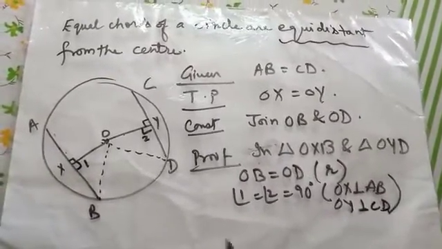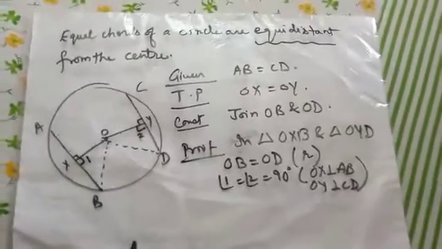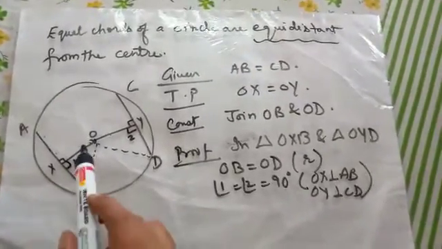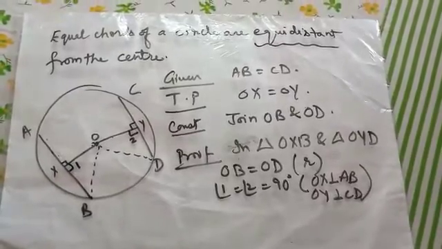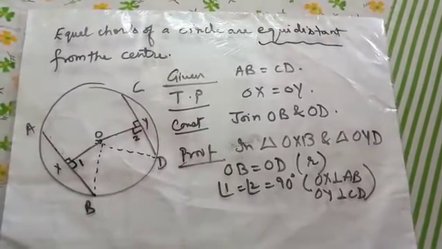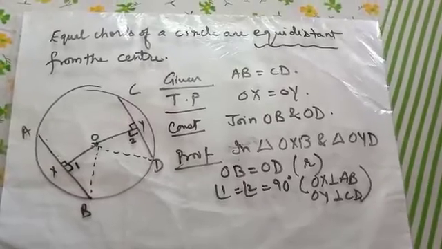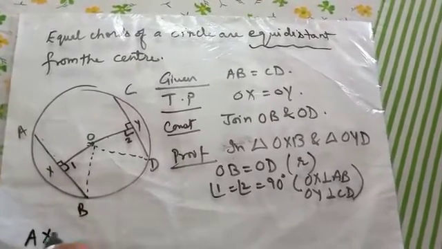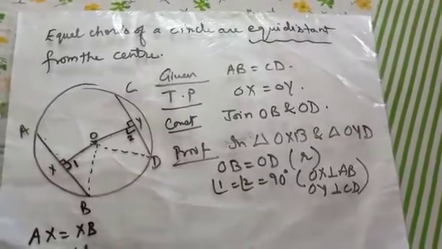Now what next? I need one more property. Okay, let us just go back and find out that if a perpendicular is drawn from the center of the circle to the chord, it bisects the chord. I hope all of you remember. Perpendicular drawn from the center of the circle to the chord bisects the chord. So I can write AX is equal to XB and CY is equal to YD.